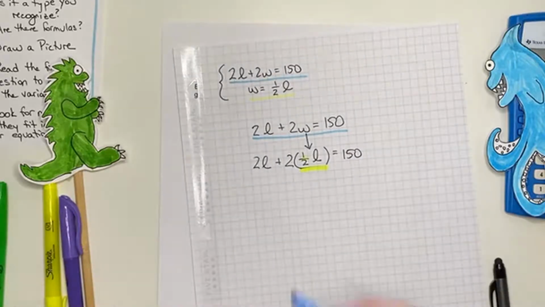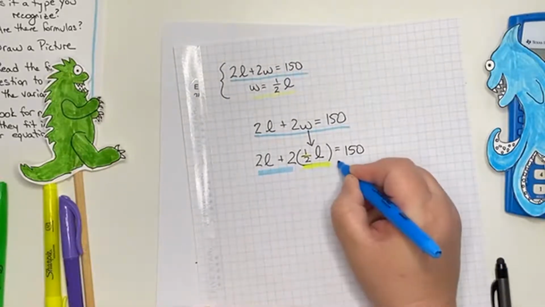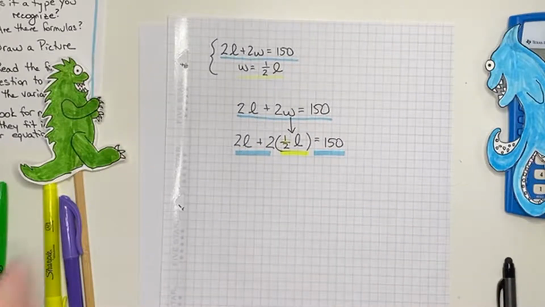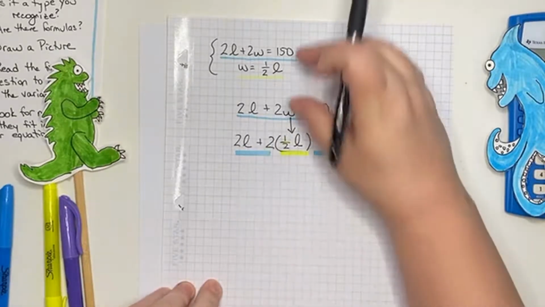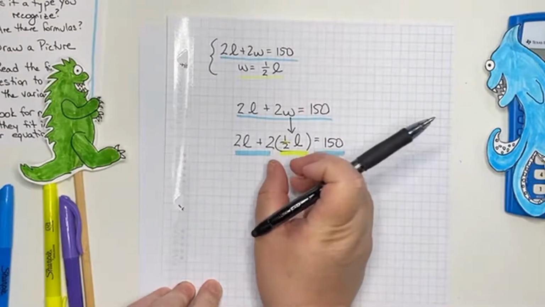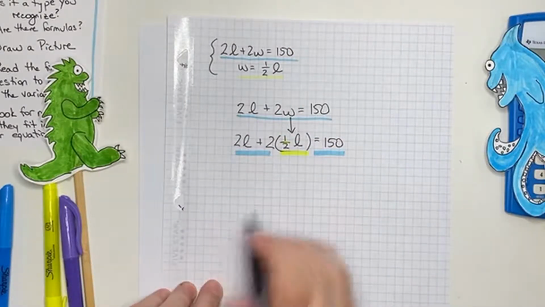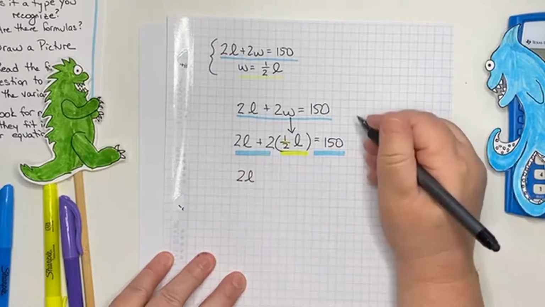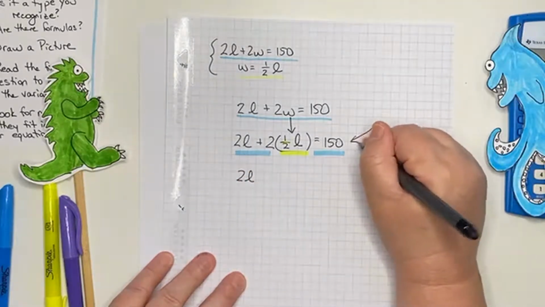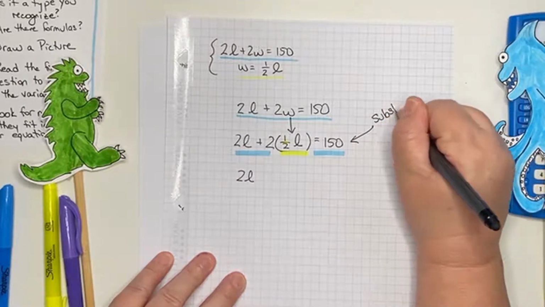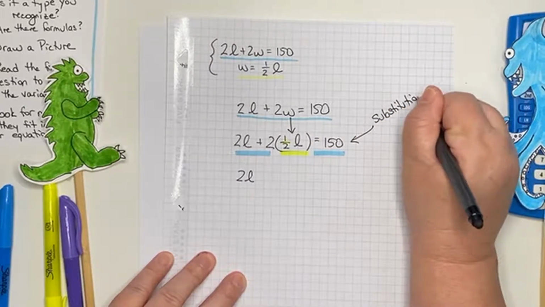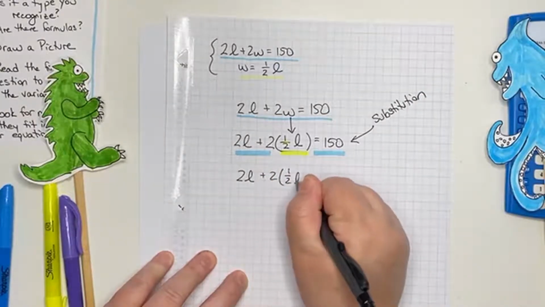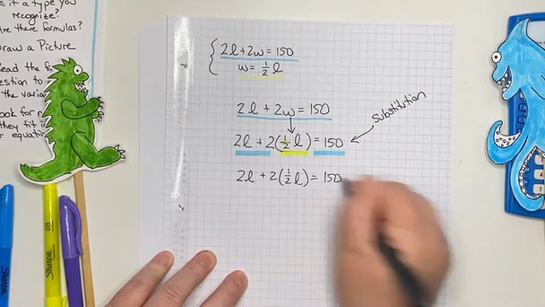So I now have this mega equation, kind of like a transformer, that has taken both of these equations and smashed them together. So this part right there, this is the substitution. Then I've got 2L plus 2 times 1/2 L equals 150.